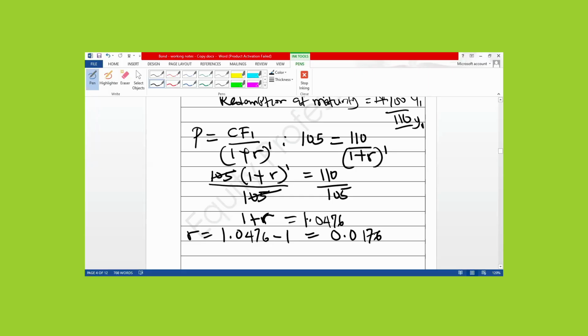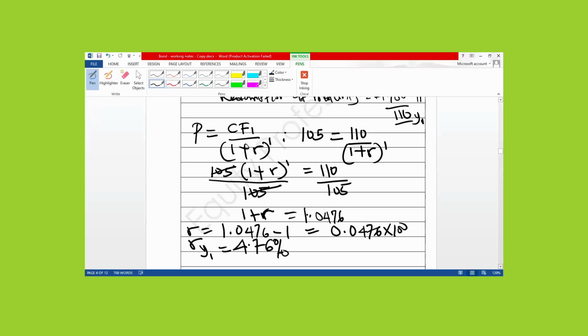You can take it to percentage by multiplying by 100. R in year 1 is equal to 4.76%. That is the spot rate for year 1.